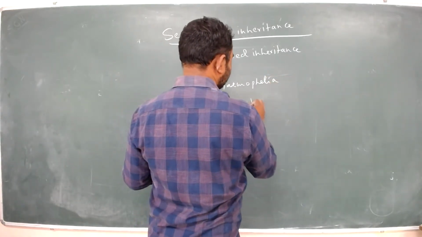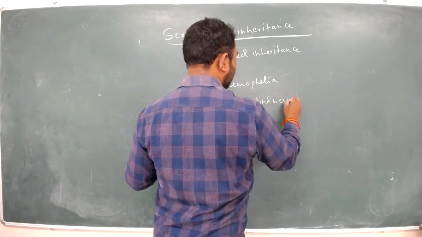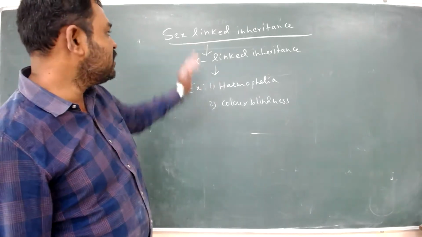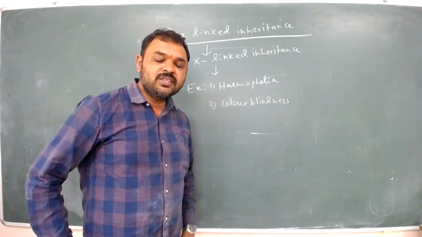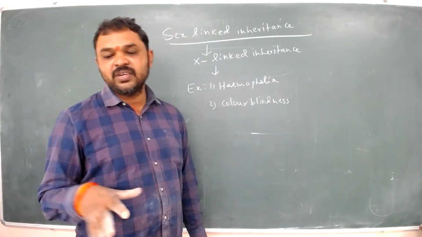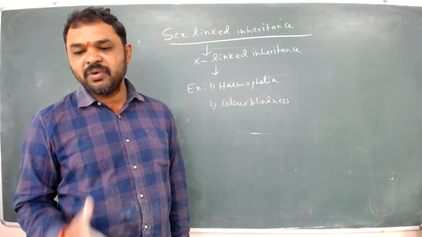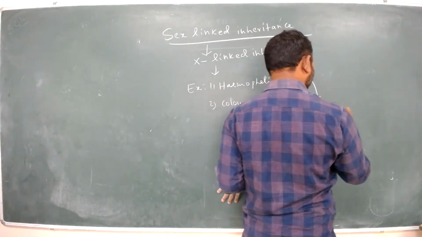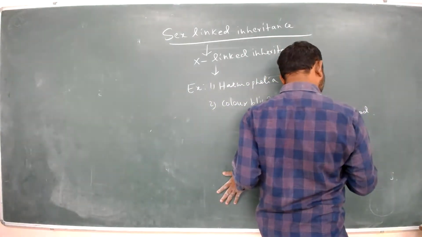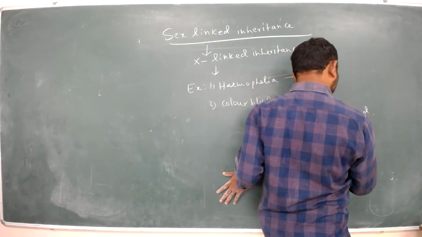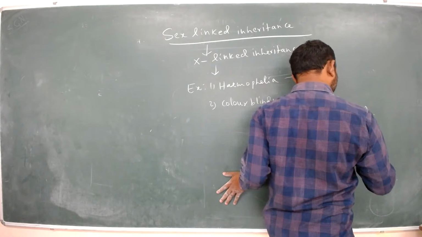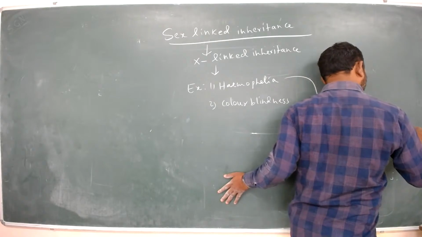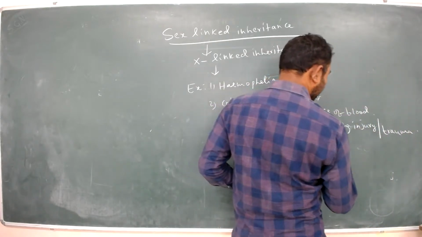Actually, these X-linked inheritance genes present on the X chromosome control hemophilia. What is meant by hemophilia? It means loss of blood after injury or trauma. When trauma or injury happens, there is loss of blood without clotting.